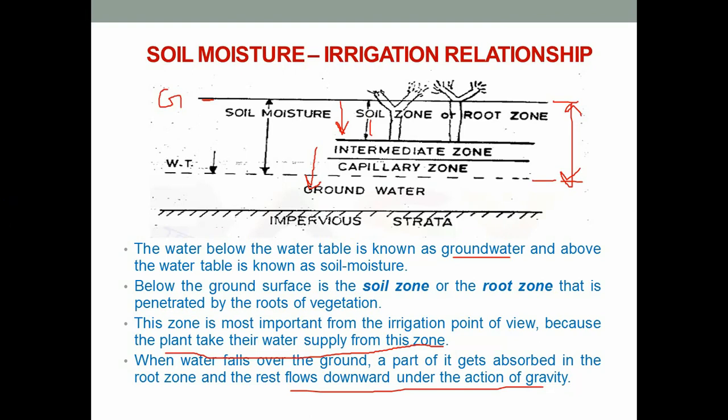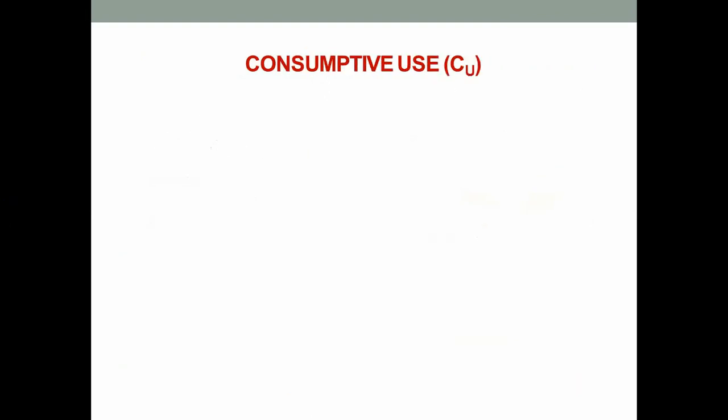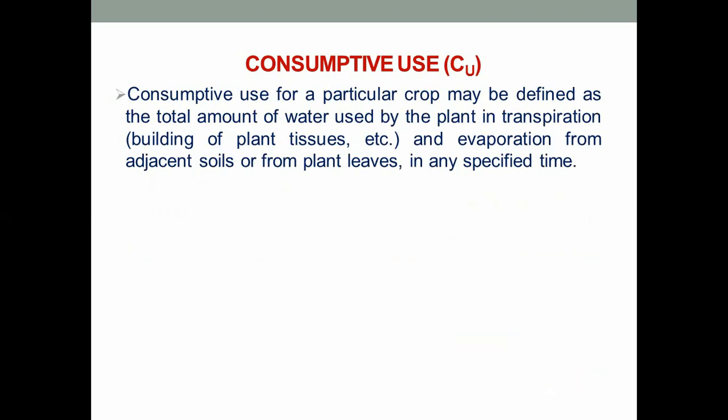We'll see the next point, that is the consumptive use. Consumptive use for a particular crop may be defined as the total amount of water used by the plant in transpiration and evaporation from adjacent soil or from plant leaves in any specified time.